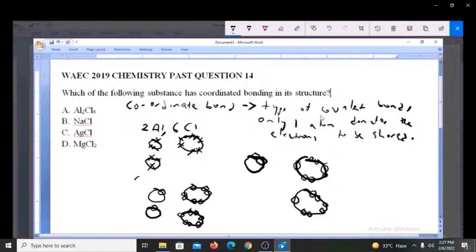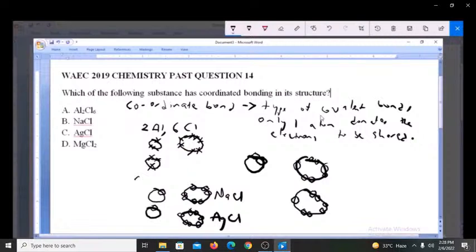Now, the first thing we have to rule out is that, from the way it looks, sodium chloride and silver chloride cannot be coordinate bonding, because looking at the structures of the atoms, what happens here is electrovalent bonding, because sodium and silver respectively will donate their valence electron to chlorine in order to form the product.